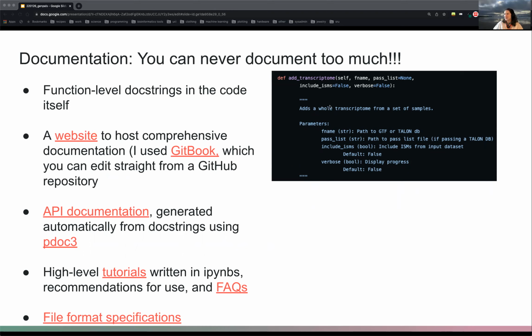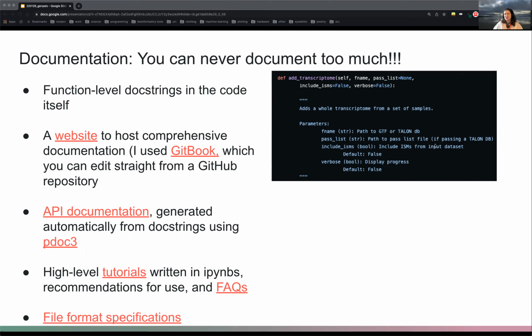So this is my actual code, and for every function I have these lines between these three double quotes, which tells you exactly what the input is and exactly what the output is of the function. And something I've recently realized, because I didn't, you should write these things as you go.